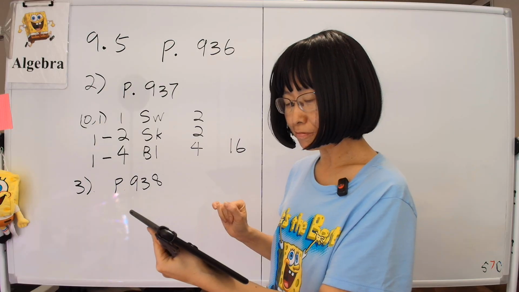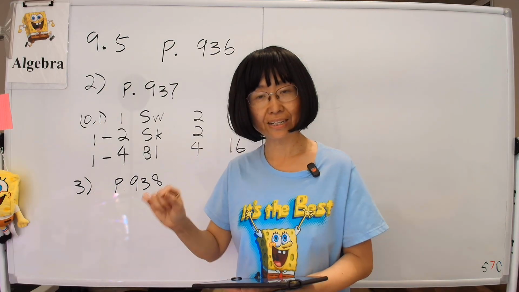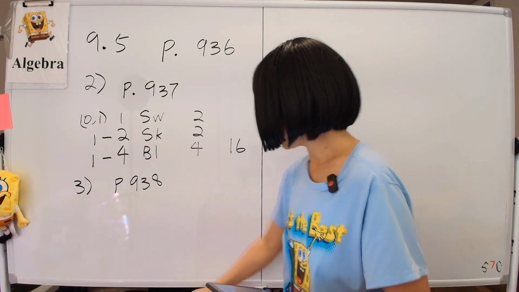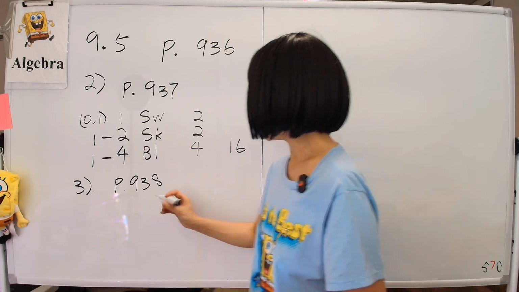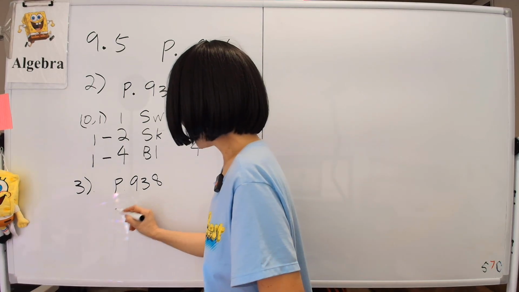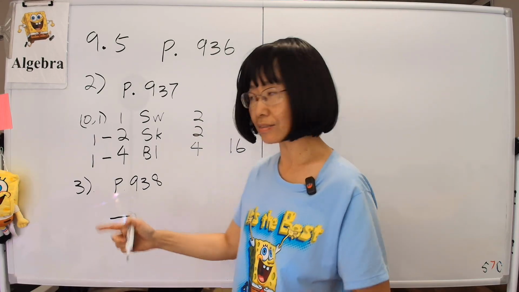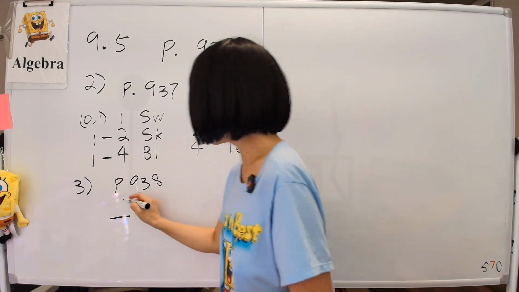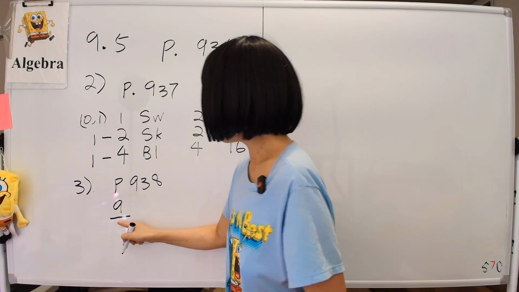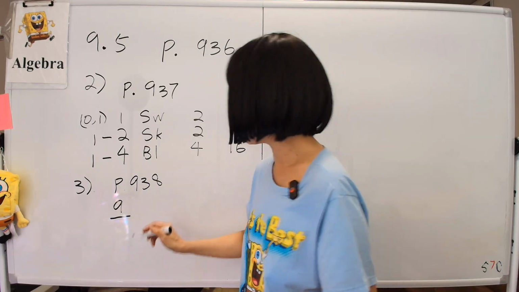Now, how many ways can they place first, second, and third? So the way you consider this is you consider the placements. How many possible swimmers can win first place? The answer is 9, because there are 9 swimmers. So there are 9 possibilities that 9 different people can win first place.